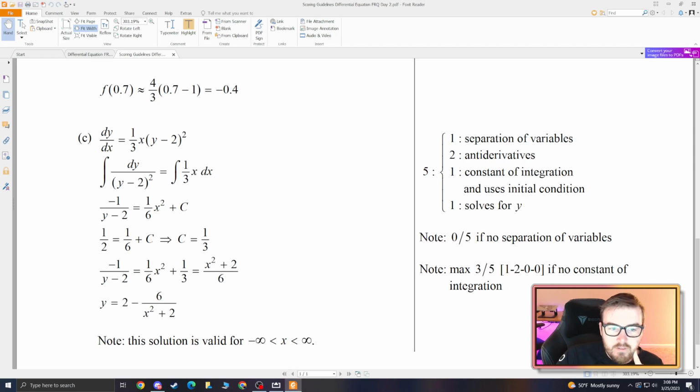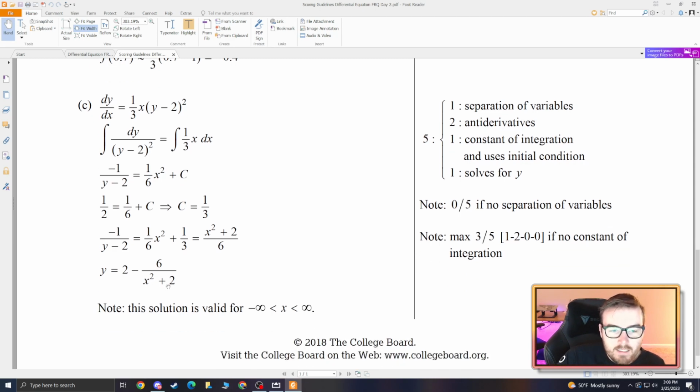And this antiderivative of 1/6 x squared plus c gets you another point. Awesome. So being able to separate variables and integrate is getting you 3 points out of 5. Incredible. Finding that constant of integration, 1/3, gets you the 4th point. And finally, doing all the algebra and getting y gets you your final.